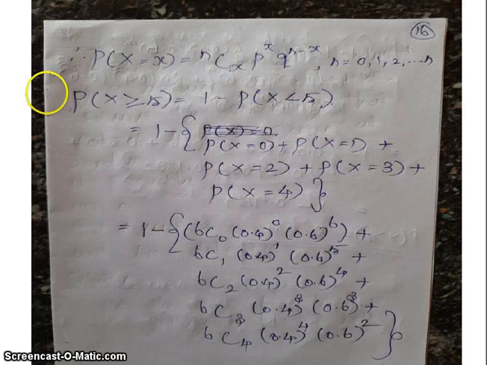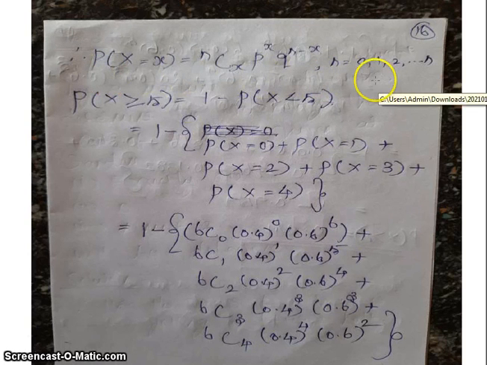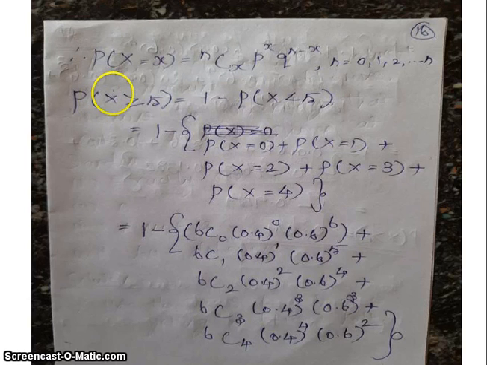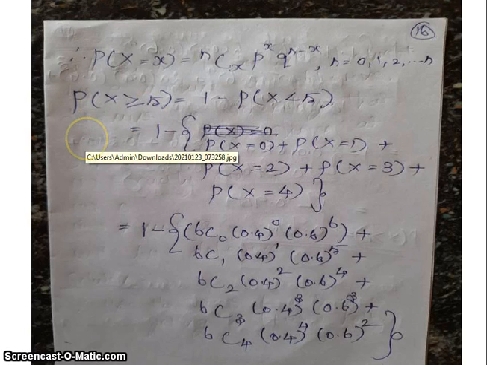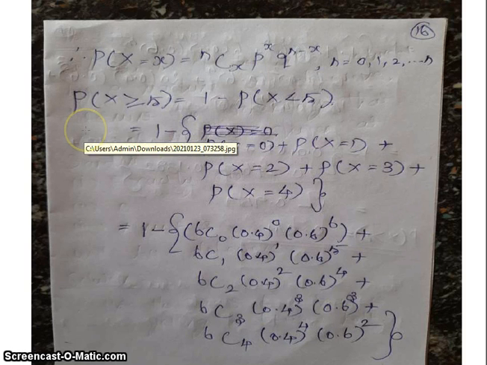Now we have to calculate P of x greater than or equal to 5 based on the binomial distribution. So this is the binomial distribution equation. First we have to understand, in the previous problem we calculated the first two terms, that is P of x equal to 0 and 1.